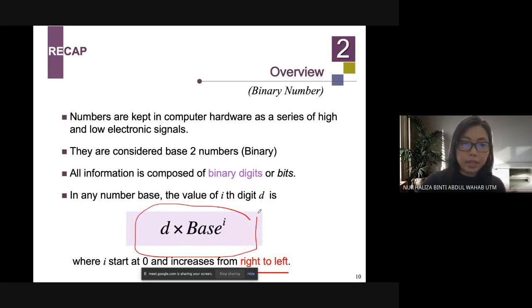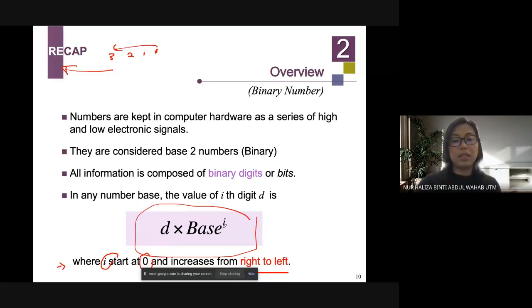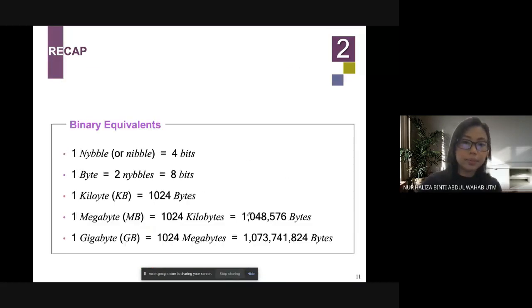Over here, there is also a note about i, where I normally use the power starting from 0, from the right. That's why I mentioned it's 0, 1, 2, 3 to the left, until infinity. So this is the note about the i value. And this one is on binary equivalence.